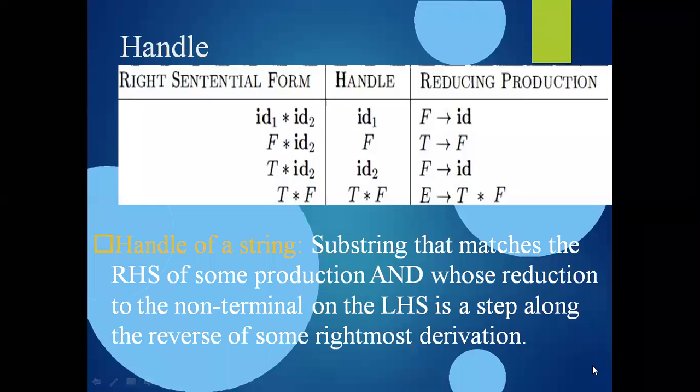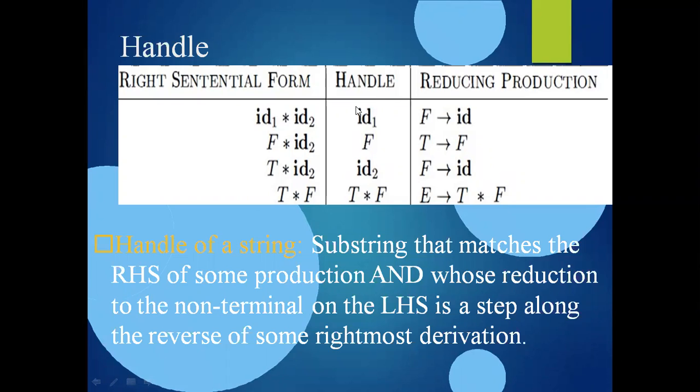See here, all of you look at the given example. Look at the slide, which has a table representation, and here we have a right sentential form, because we are implementing a rightmost derivation. We apply the rightmost derivation, handle, and reducing production.